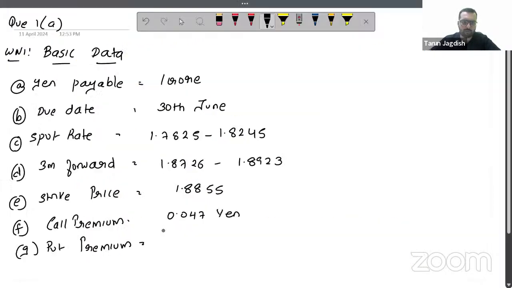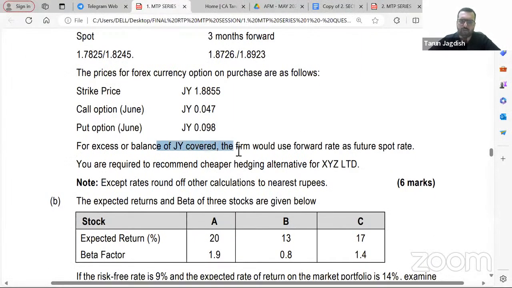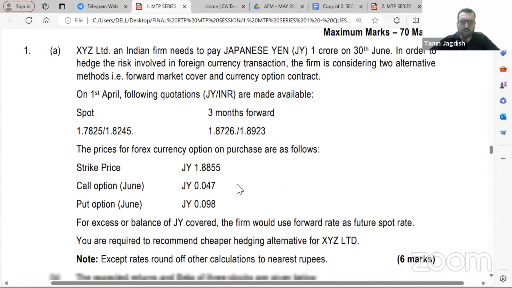Put premium will be 0.098 yen. For excess of the balance, the firm would use the forward rate as the future spot rate. So they are going into no hedging. Now they are asking which is a better option. Whether forward is a good option.